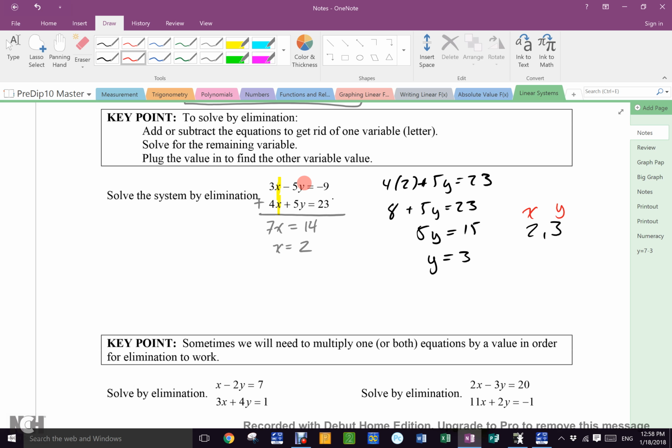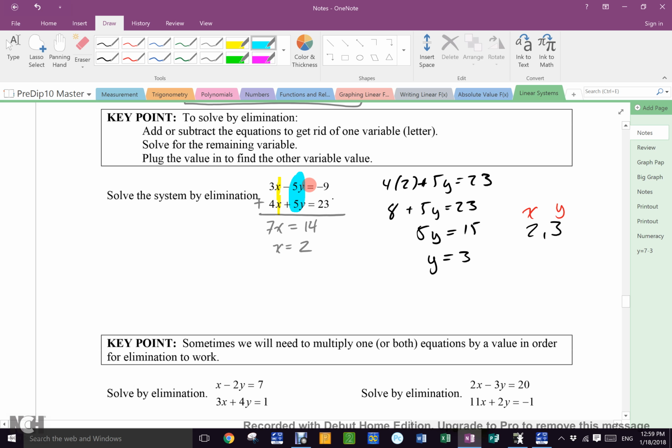So now let's look at this question. Why was Leighton immediately able to say you're adding? Because you have a negative and a positive that are the same coefficient. So this is what allowed Leighton to say add. Everybody cool?